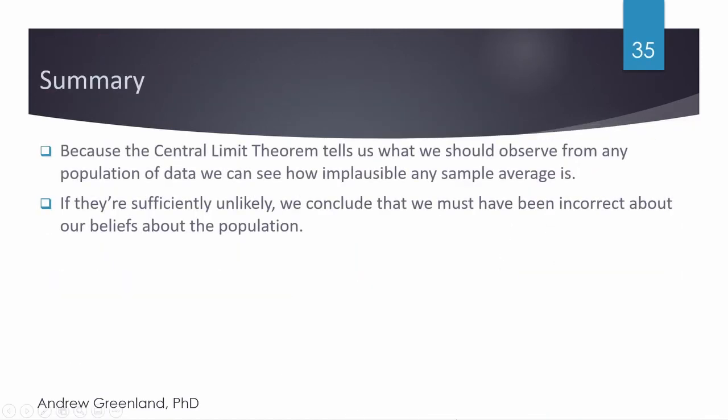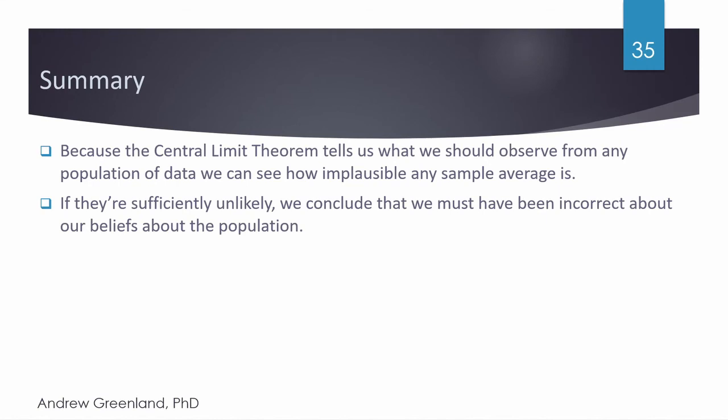So in summary, what we've learned is that since the central limit theorem tells us what we should observe from any population of data, we can see how implausible a sample average is. And so when we are testing ideas about what the true population average is, we use the central limit theorem to determine the plausible set of boundaries that fall within a particular level of confidence.